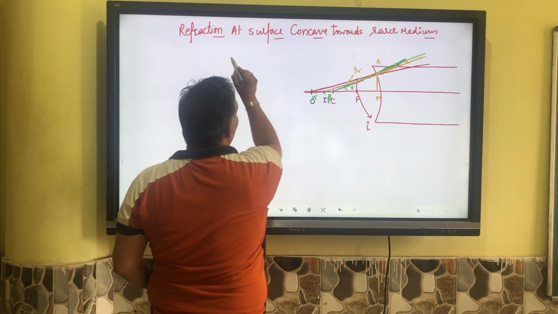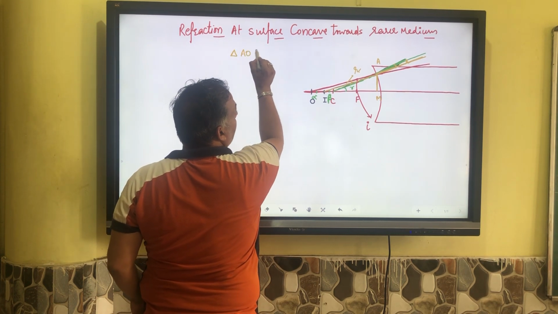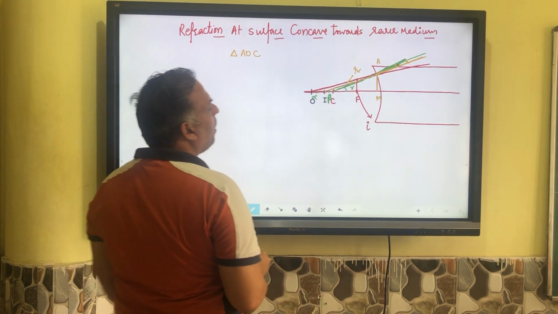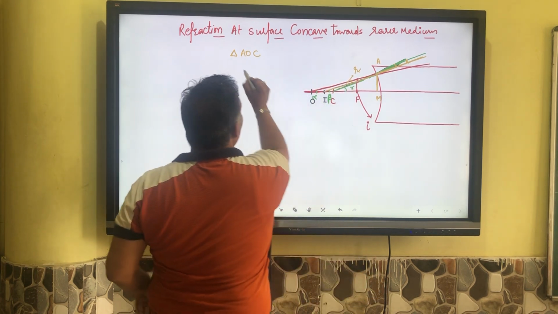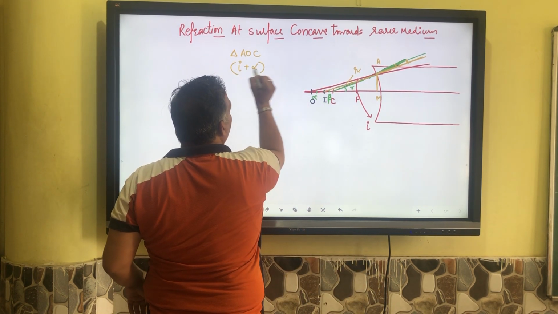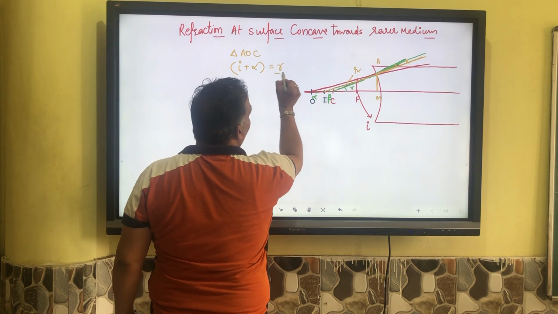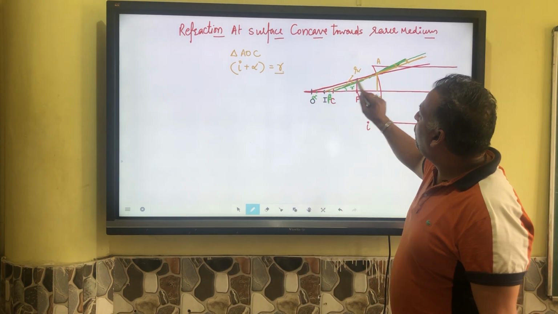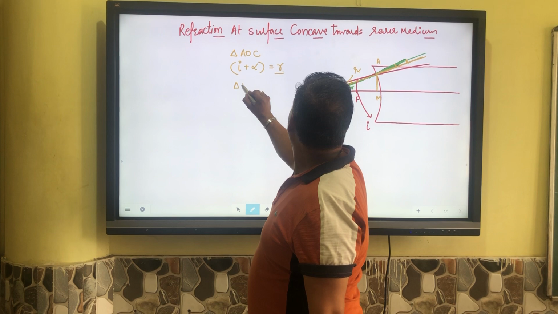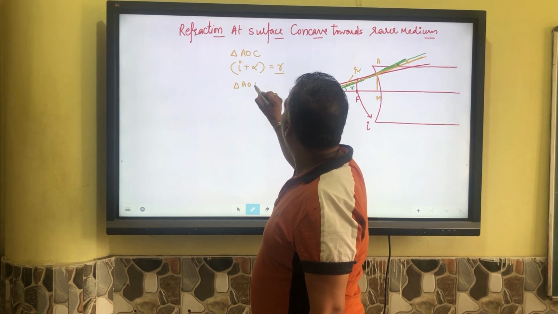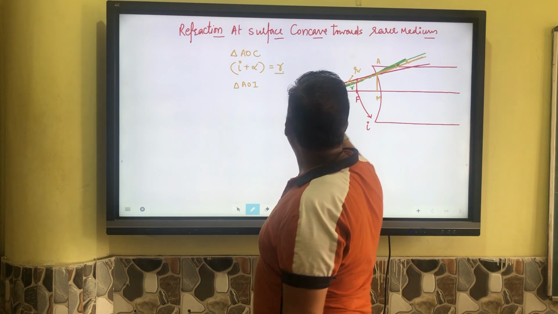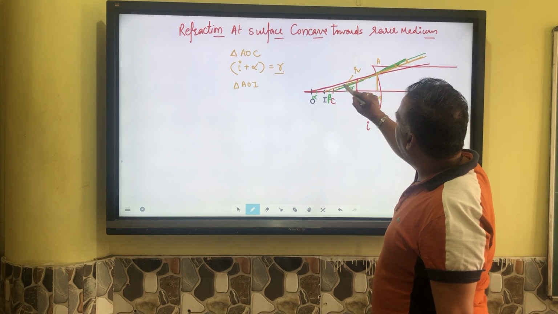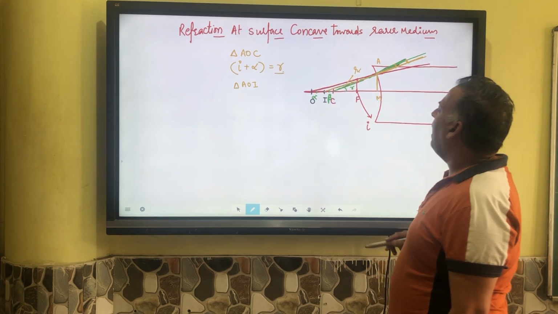If I take the triangle AOC, in the case of AOC, I plus alpha is equal to gamma, and this was R. Now I take the triangle AOI. This angle is R, and this angle was alpha.